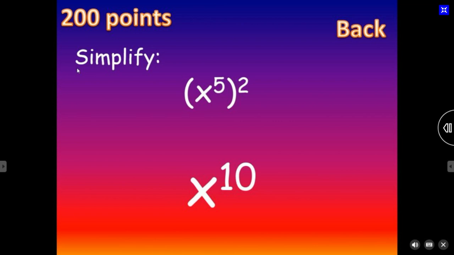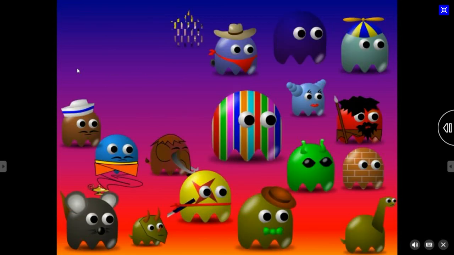Power rule. Whoop, wrong one. Power rule. Gotta multiply. 5 times 2 gives you 10. All right, number 4 is our cowboy.